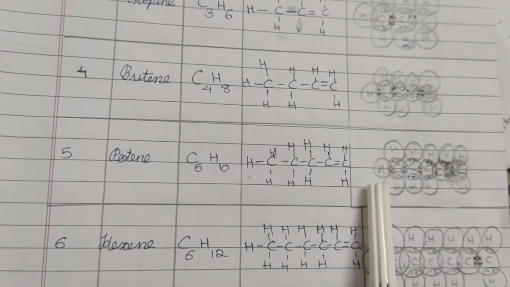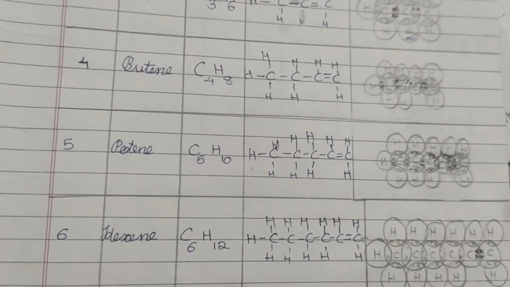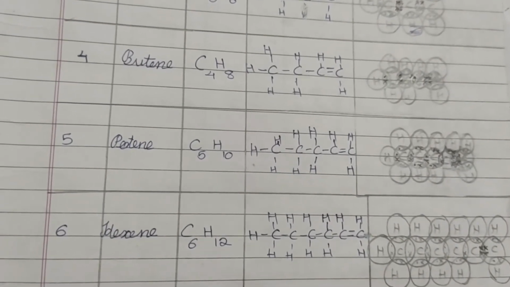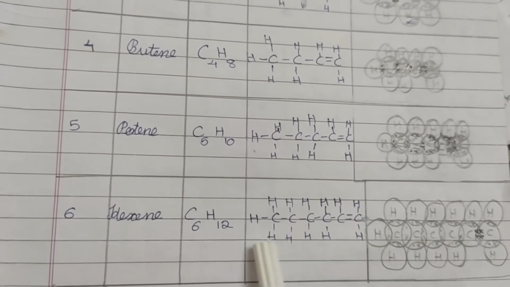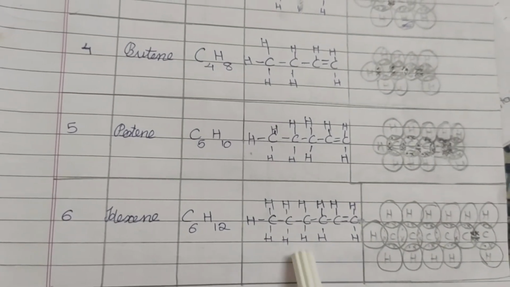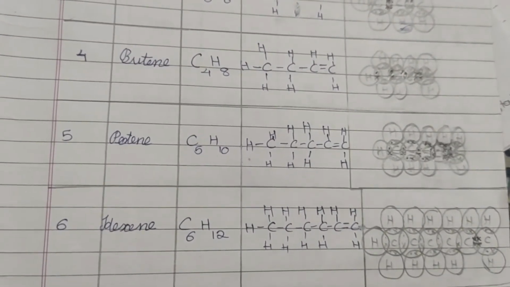This is the electron dot and cross structure. Last carbon atoms share the 2 pairs of electrons. Hexene, C6H12. This is the electronic structure of hexene, dot and cross structure.